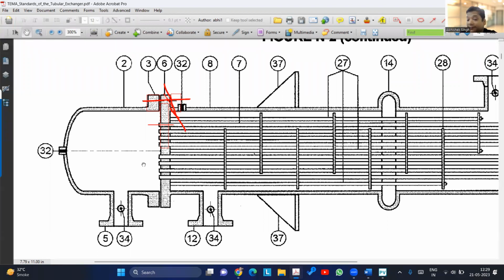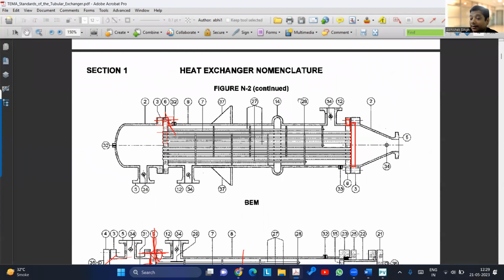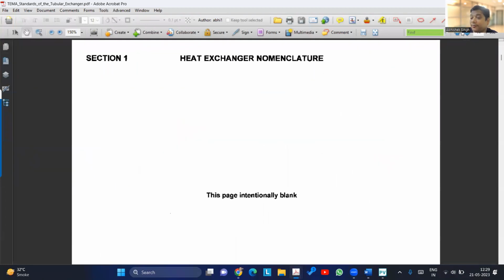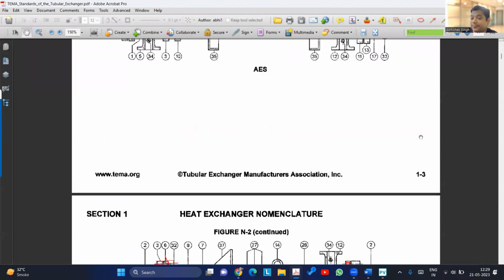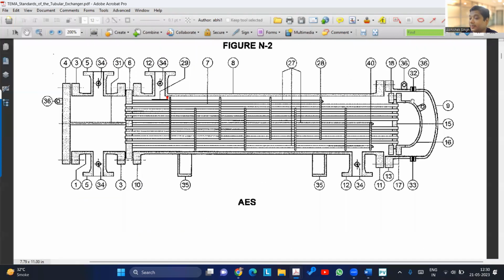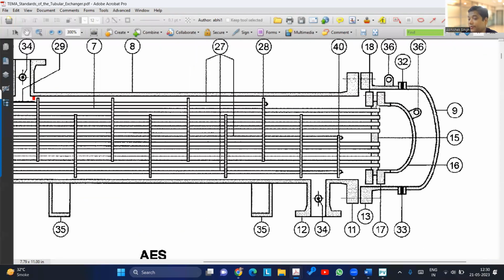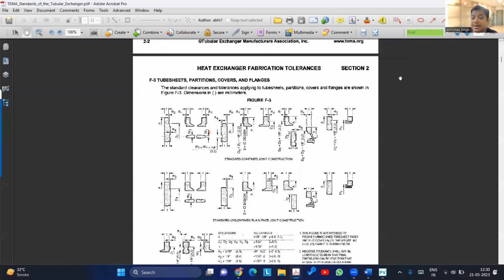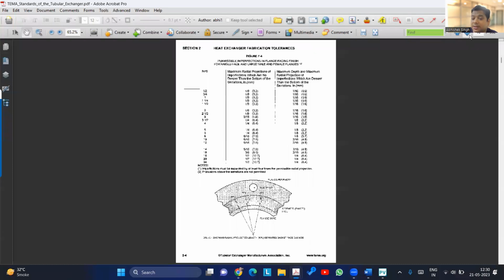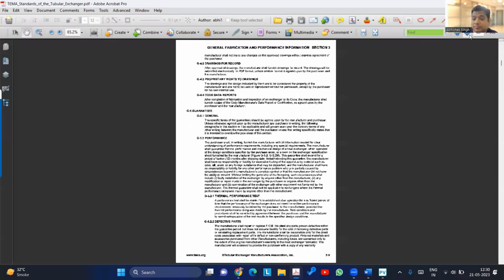In multiple cases, if you see the floating head, it is even more critical. For floating heads, you may have two different test rings required for doing this. But where to see that? That is also given in TEMA, how it is done.